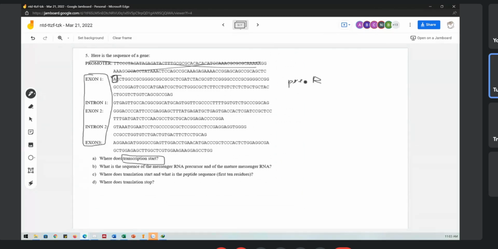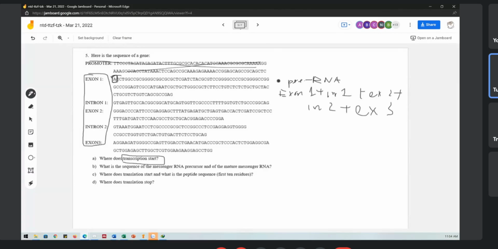Okay, at that point we start, and we have the precursor pre-RNA. In fact, when you have the pre-RNA, that means you have all the exons and introns. So exon 1, intron 1, exon 2, intron 2 and exon 3.